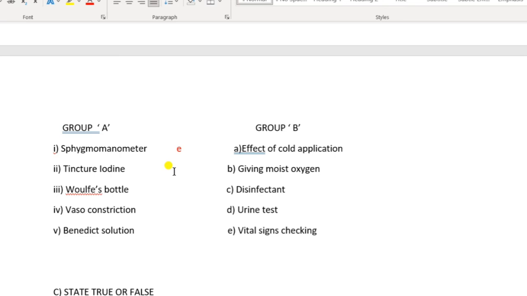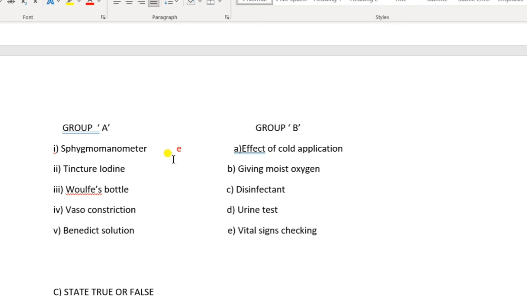Then tincture iodine. We also use tincture benzoin for inhalations if there is a sore throat. Tincture iodine is also a disinfectant.